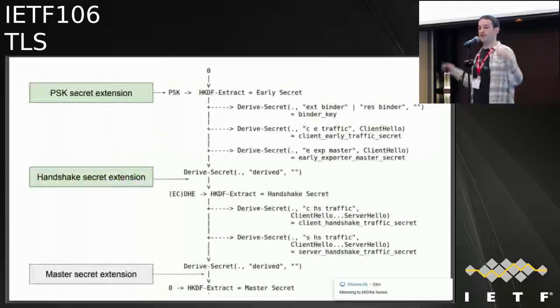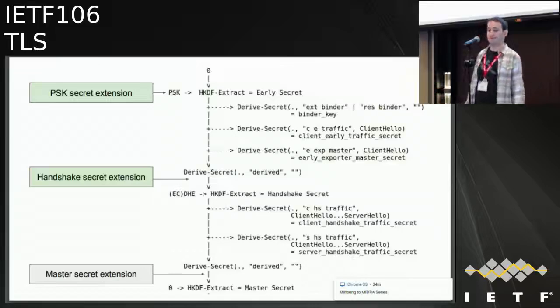So the zeros are actually non-trivial. The two zeros aren't the same, even though they look the same. The top zero is a salt and actually just says we assume that PSKs are uniformly random. I understand that point. I'm talking about the bottom zero. You're then using the HKDF as a dual PRF, and because you're injecting two secrets, you're assuming that both of them get the same property.